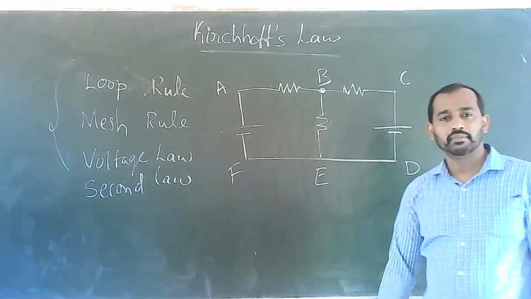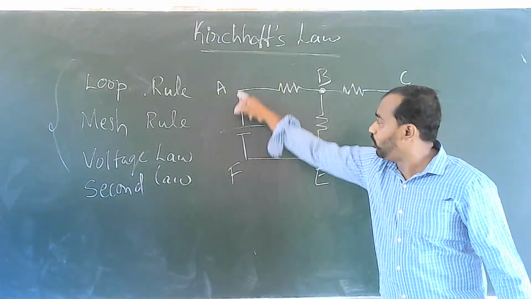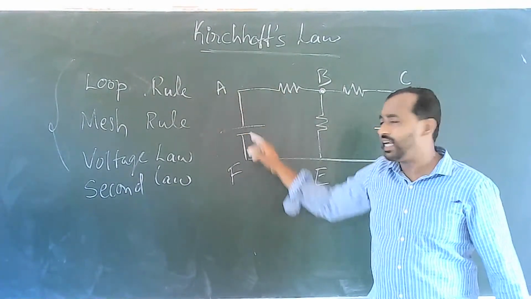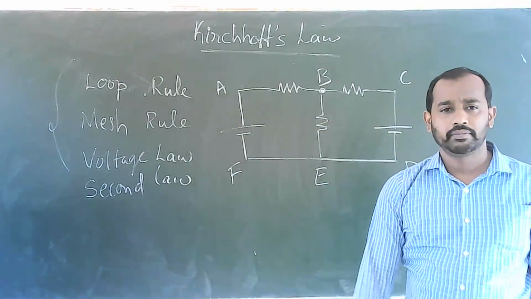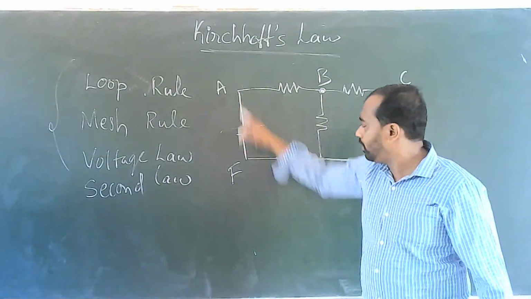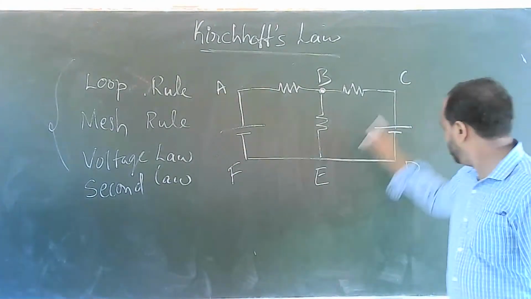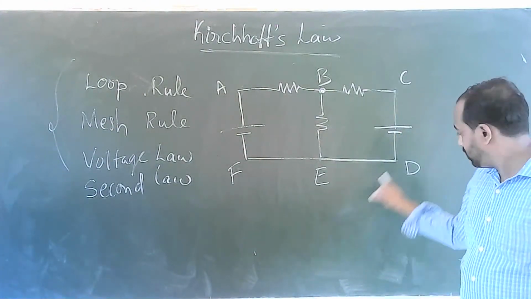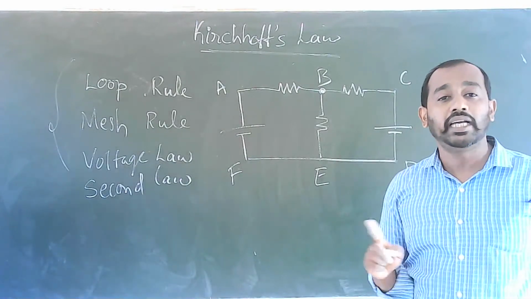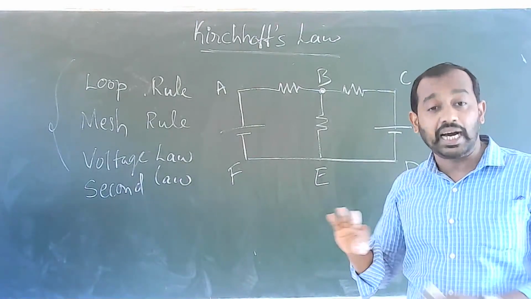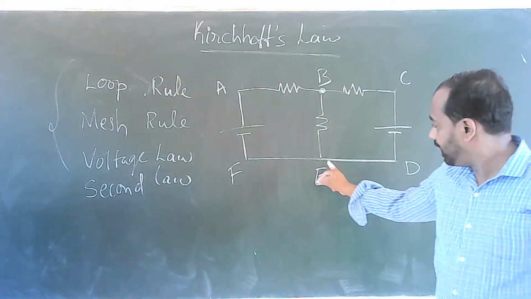A is not a node because only two components, a cell and a resistor, are connected. Here there is no other path available. It is not a node. F, not a node. C, not a node. D, not a node. A node is the point where three or more components, resistors or cells, are interconnected.